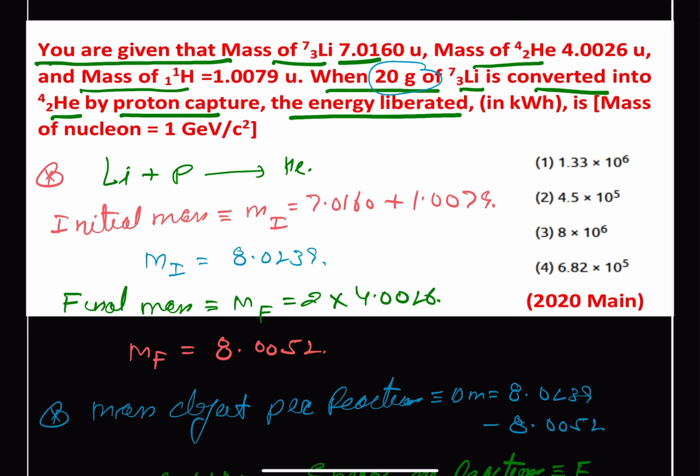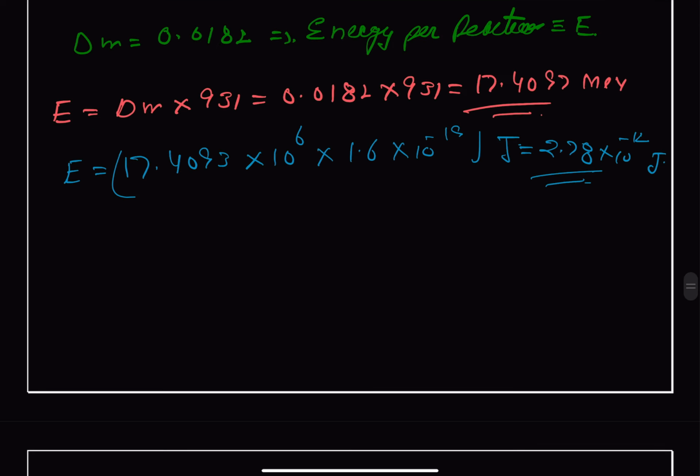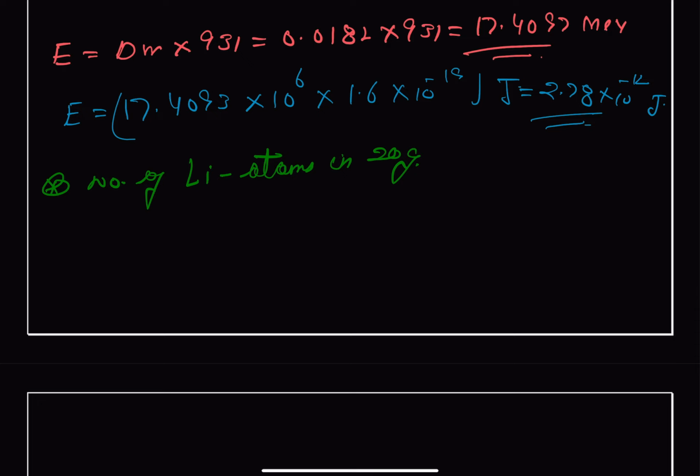Now we come to the question, and it states that there are 20 grams of this lithium. Okay, so we can say that we need the number of lithium atoms in 20 grams, and for that we are going to use molar mass to find out moles.